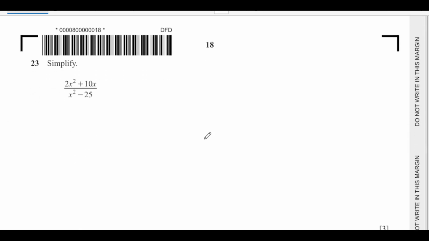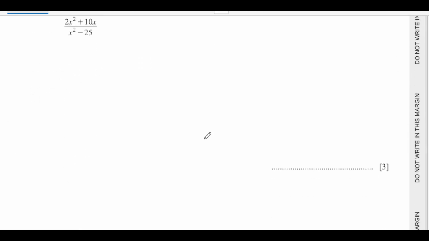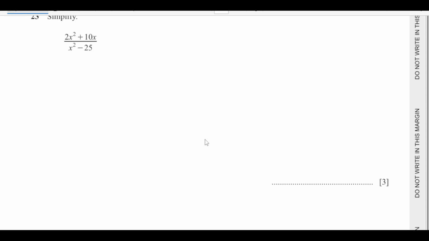Now number 23: simplify 2x squared plus 10x over x squared minus 25. We are just going to take 2 common from here, so we have x squared plus 5x. Okay, x is also common. Down here, x squared minus 5 squared, you can do in the next step.